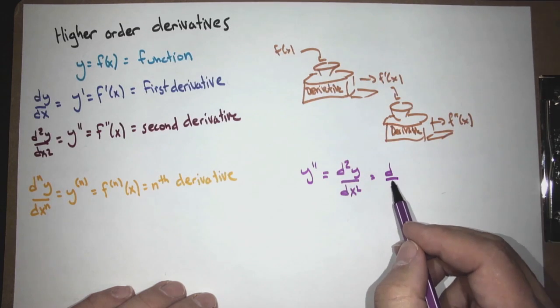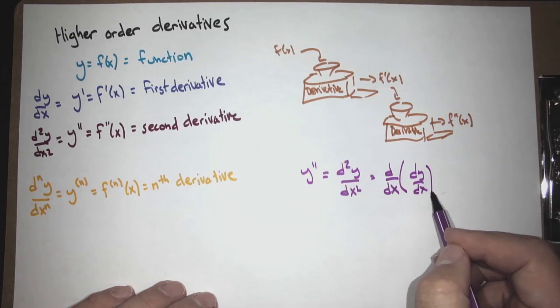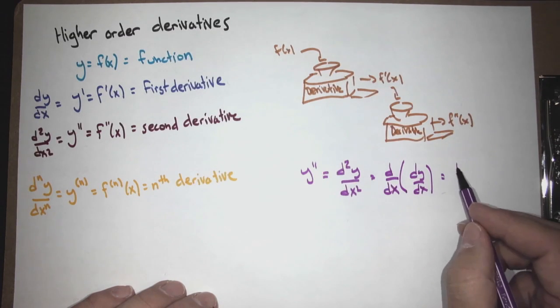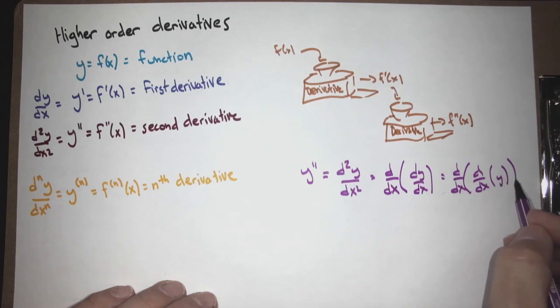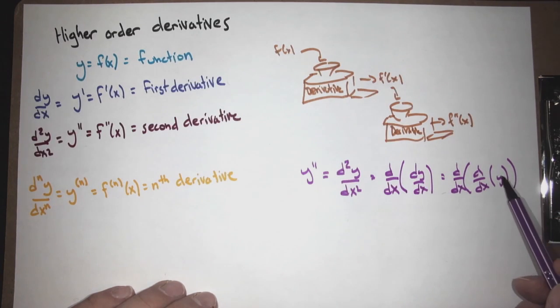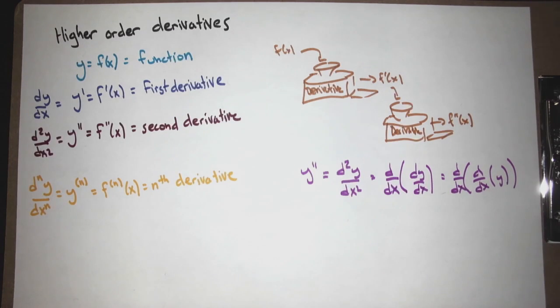It's the derivative of the derivative, which you can write as the derivative of the derivative of y. So we're taking the function y and putting it through this operation multiple times. Now we can keep going. We can talk about third derivatives and fourth derivatives.